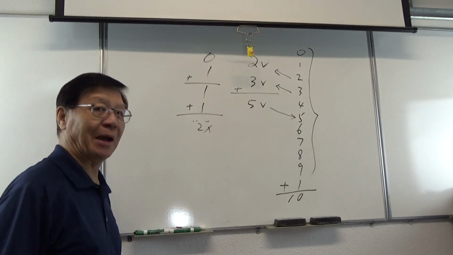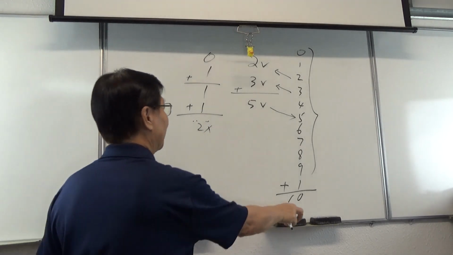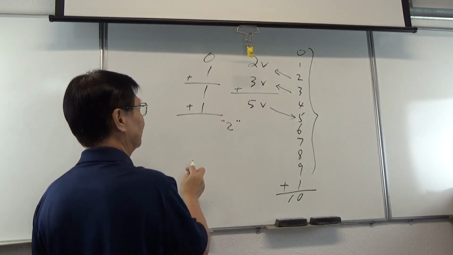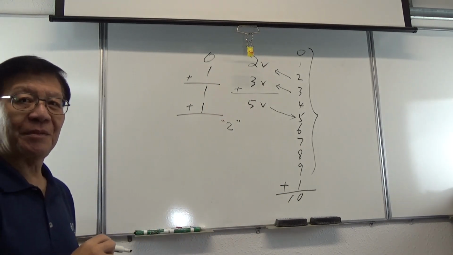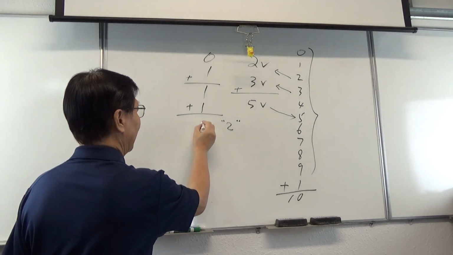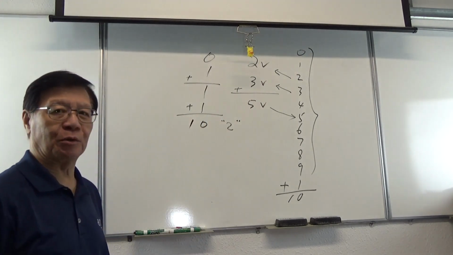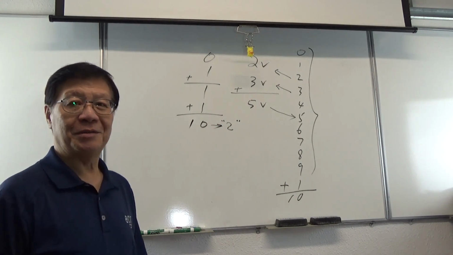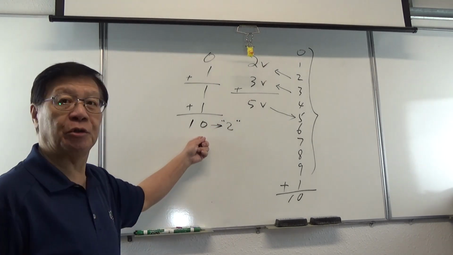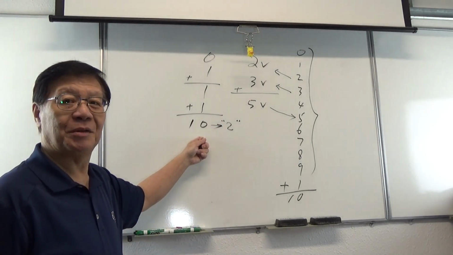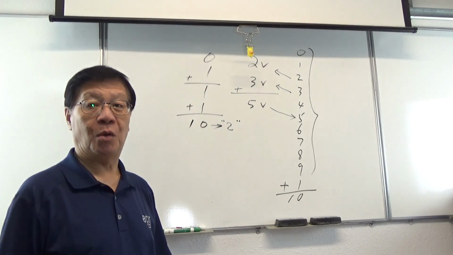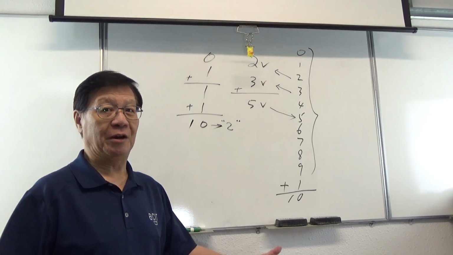No, because it's a binary system, it means 2 in the decimal system. But we write down 1, 0 to represent 2. That means 2 in another expression, right? Fair enough.